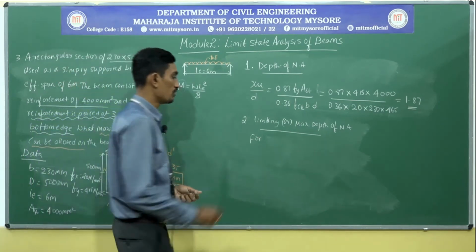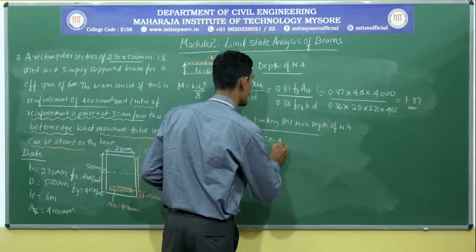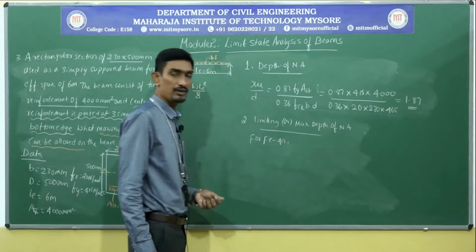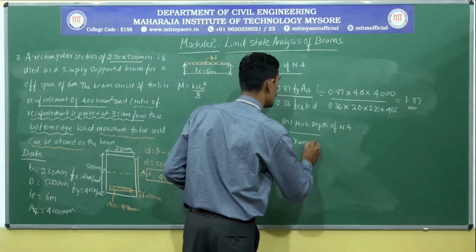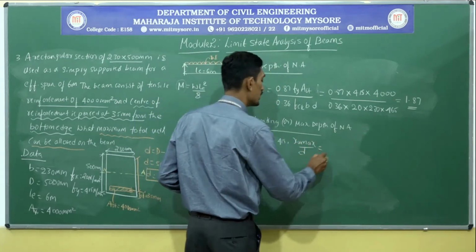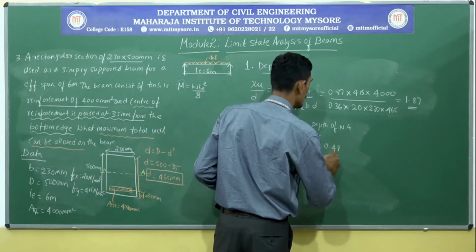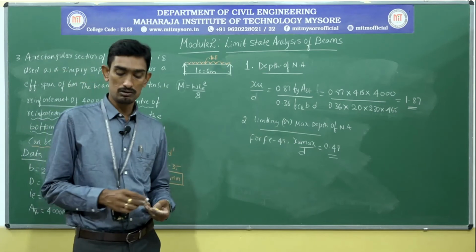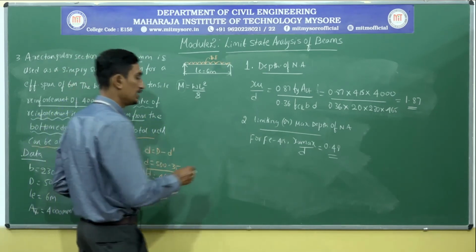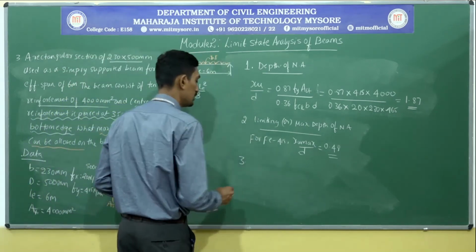So for Fe 415 steel, xu max by d is equal to once again 0.48. Okay. So now decide the section.